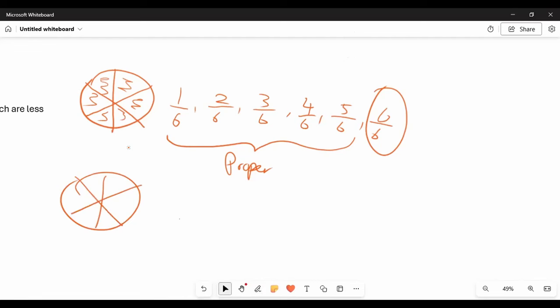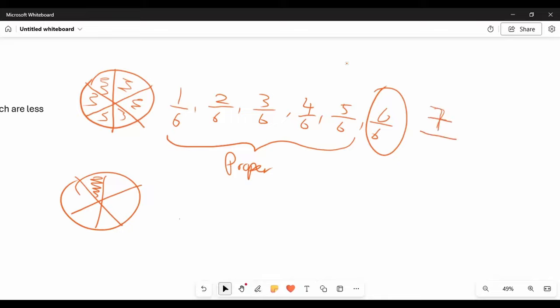Now, if he has the first piece of this one, can you tell me how many pieces he has had altogether? What do you think? I can see two different answers. Fine. So actually, he has had 7 pieces now. Now, what should be my denominator?